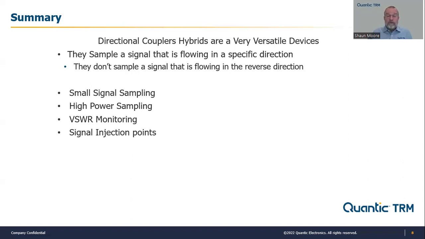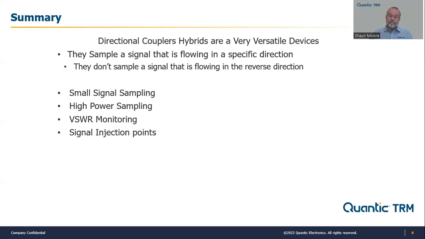You can put two of these devices back to back, and therefore you can look at VSWR monitoring in real time, or you can use the directional coupler in the reverse direction by injecting energy into the coupled port and having it add energy and inject it onto the through line path, having that energy appear at the input port of the directional coupler, allowing you to put a reference signal onto an otherwise solid transmission line.